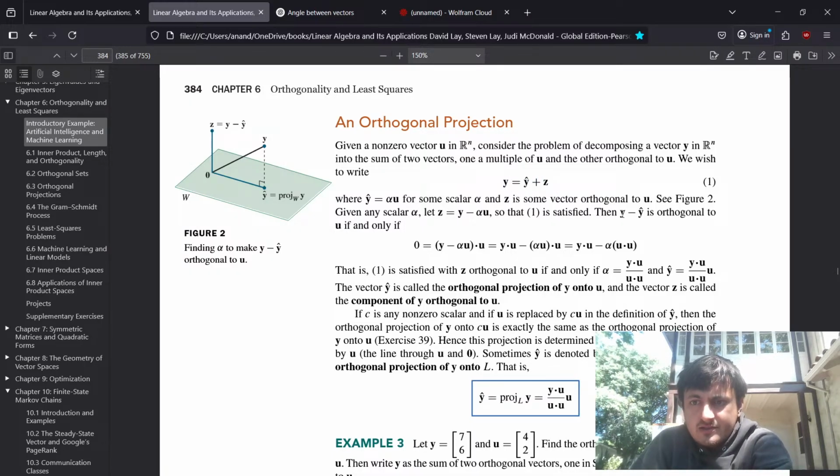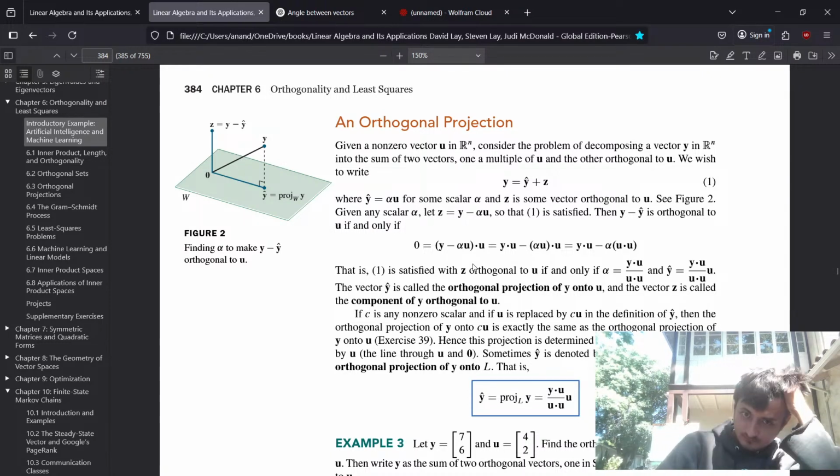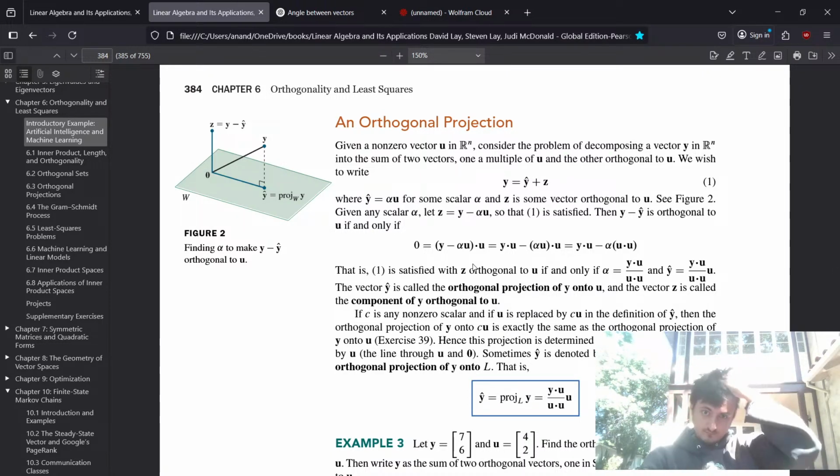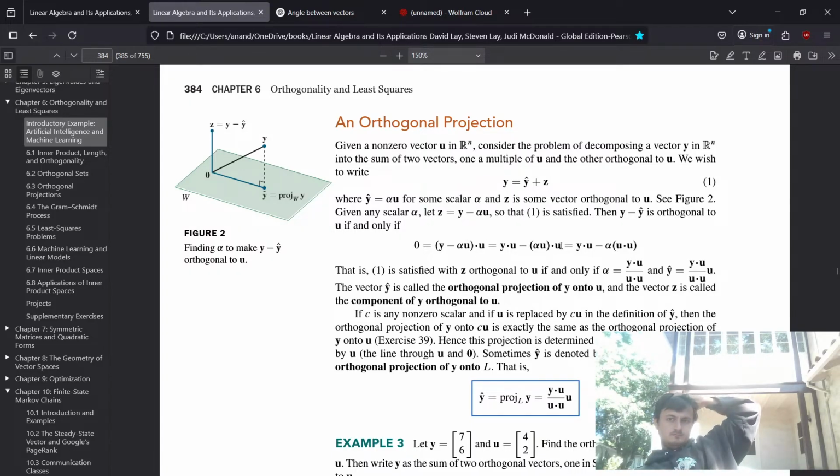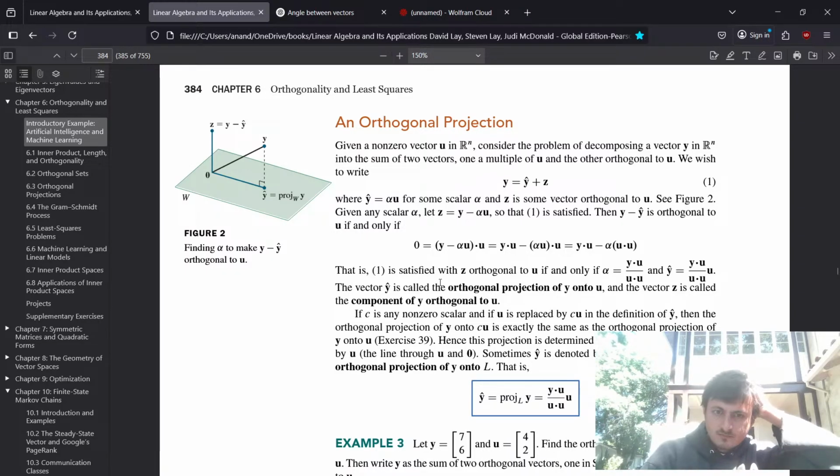Then y minus y hat is orthogonal to u if and only if, that is, the condition is satisfied with z orthogonal to u if and only if alpha is equal to y dot u over u dot u.